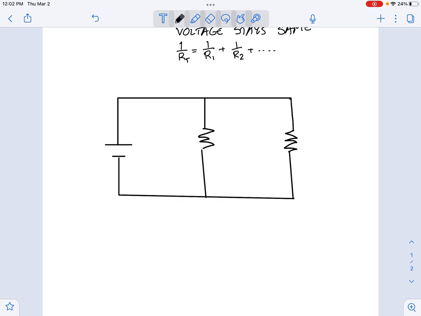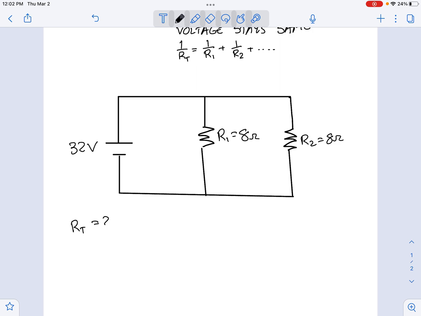Okay, so now we have R1 is equal to, let's say, 8 ohms, and R2 is equal to 8 ohms, and let's say this is 32 volts. Okay, and you're going to solve for RT, you're going to solve for IT, you're going to solve for V1, and I1, and V2, and I2. Those are the things you're solving for. So pause the video and try to solve those, and then I'm going to solve them for you, with you.